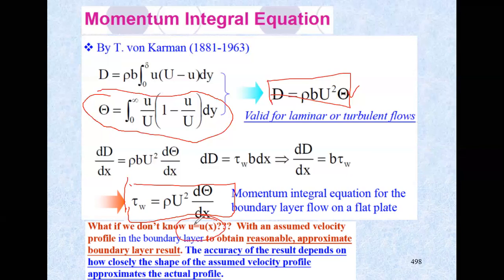For example, for a linear one, u equal to x times u, for example, or u equal to u times sinus x. So there are several velocity profiles that can be used. I mean, you try to use the momentum integral equation to solve for each of the profiles.